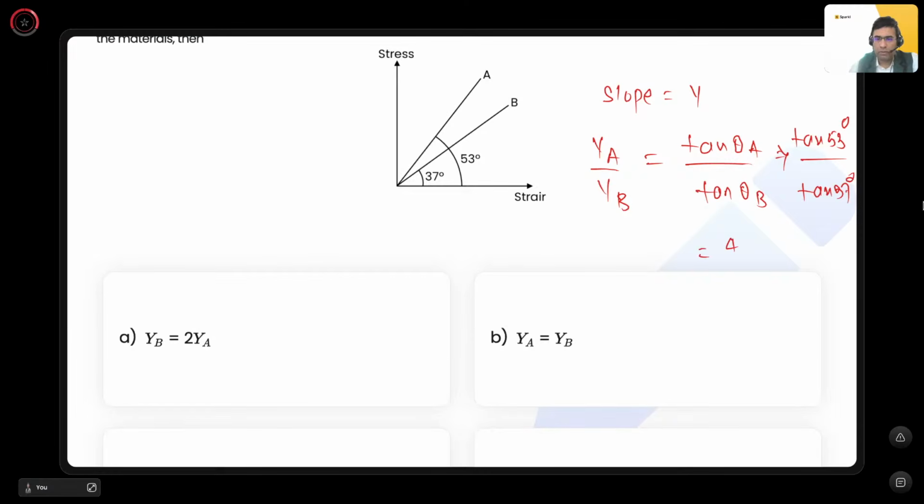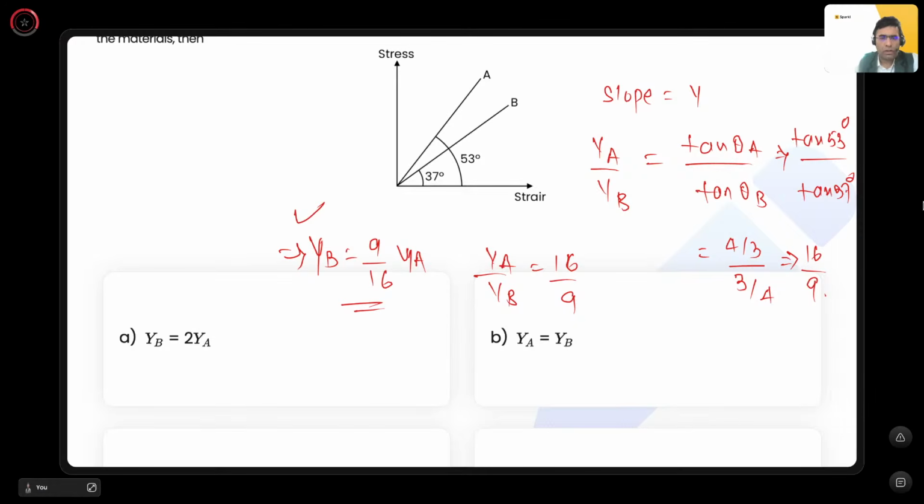So tan 53 will be 4 by 3, tan 37 will be 3 by 4, and it will become 16 upon 9. So YA upon YB will be equal to 16 upon 9. So YB will become 9 by 16 of YA.